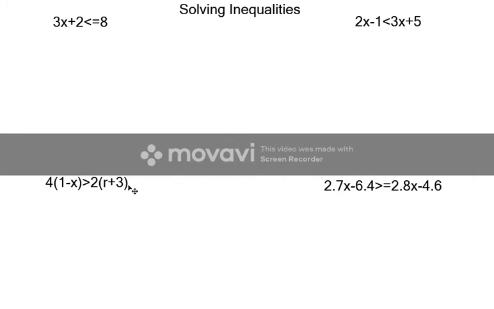The main difference is you'll be seeing inequality symbols, which will result in different types of answers. And you can even put the answers in several ways. You can put it into a normal inequality form, like x is less than 2, for example. You can also put it in interval notation, which is basically like putting it in coordinate form.